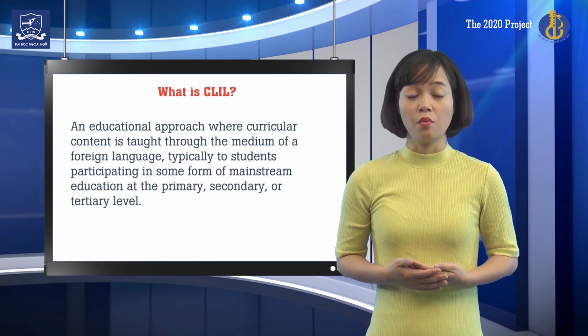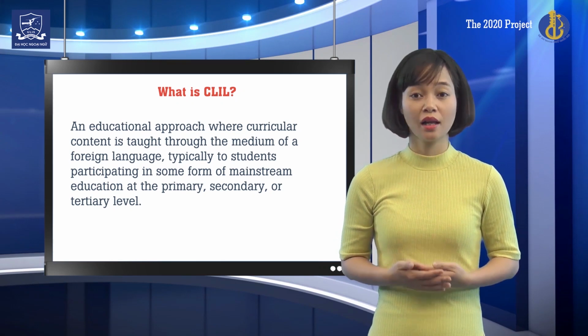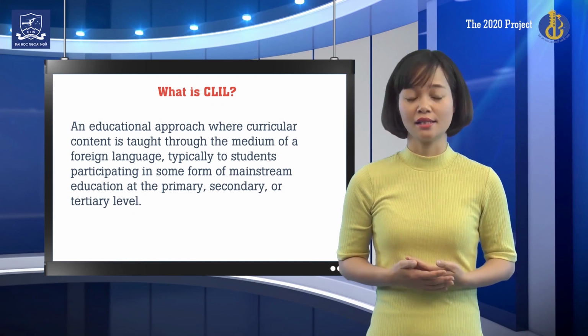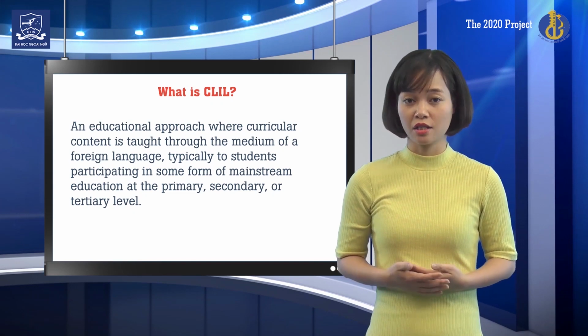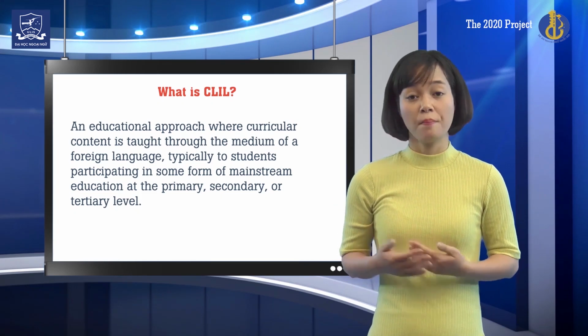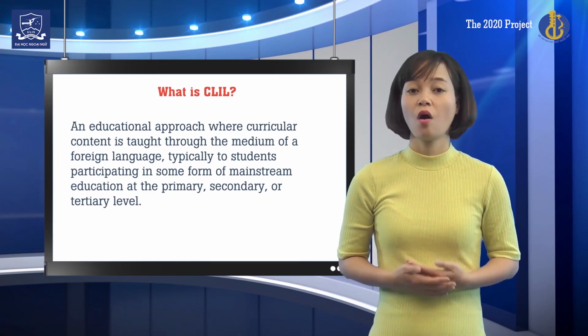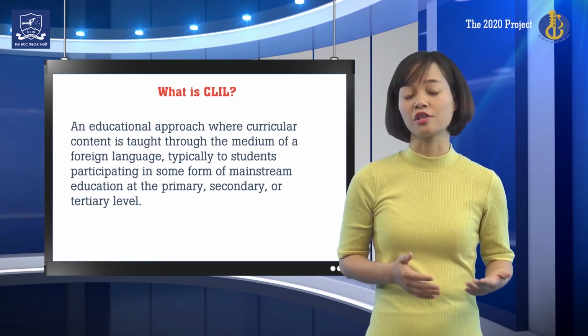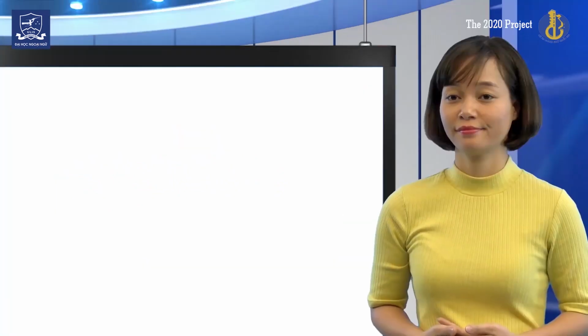Although the word L, language, in CLIL, is meant to stand for any language, in reality, the prevalence of English as CLIL medium is overwhelming. Therefore, most of the time in this lecture, when referring to CLIL, I mean content and English integrated learning.